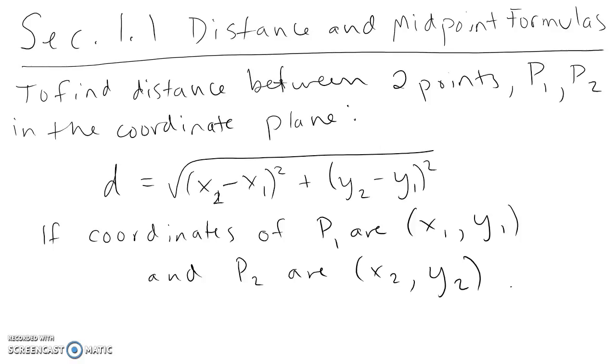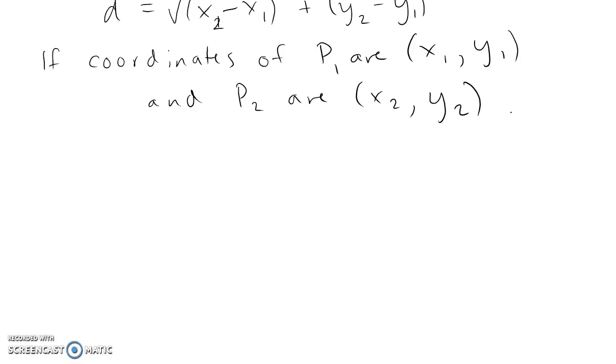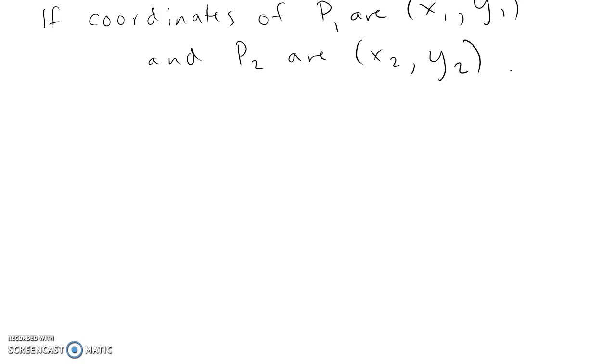Now, why does this formula work? Well, it all depends on something we're all pretty familiar with, which is the Pythagorean theorem. I'm going to draw a picture of what something like this might look like. Here's my coordinate plane.